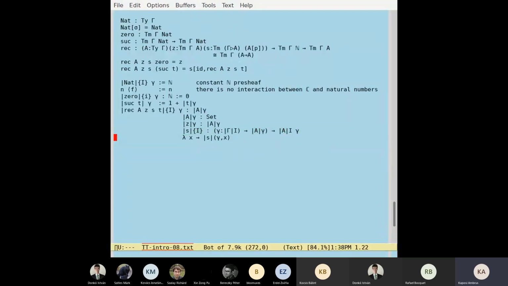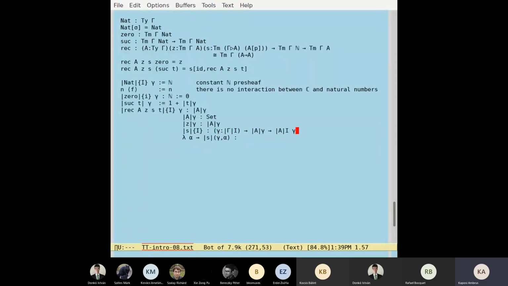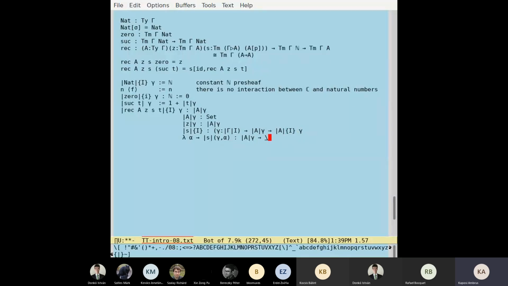Right? So this is now the curried version of the same, more readable version. So if I write this and I give a name to this, I call it X, or let's call it alpha, because that's what we called it before, then this will be a function from A gamma, sorry, this is an implicit argument, A gamma to A gamma, right?